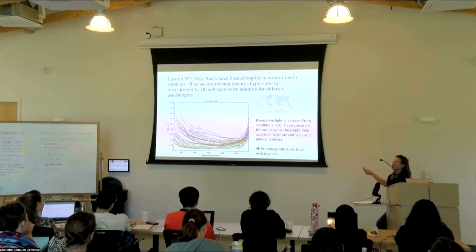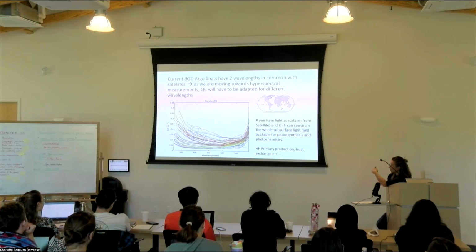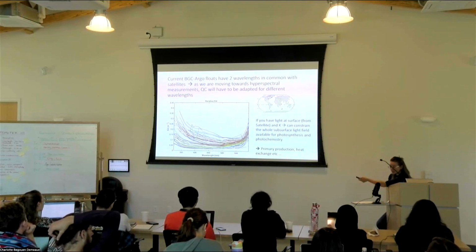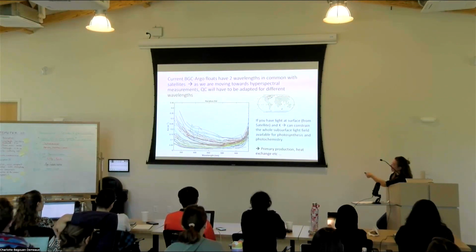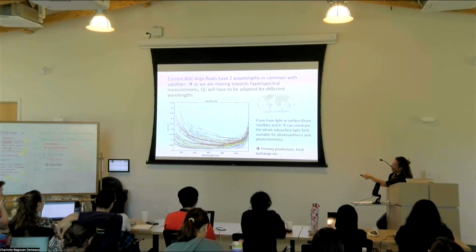But they had only 2 wavelengths in common with the satellites. And now those new floats have a lot. And in the vertical lines, you can see the wavelengths of MODIS. So already we're getting a lot more information. And once PACE is launched, we'll get even more, right? Because we'll have basically data for every point here.